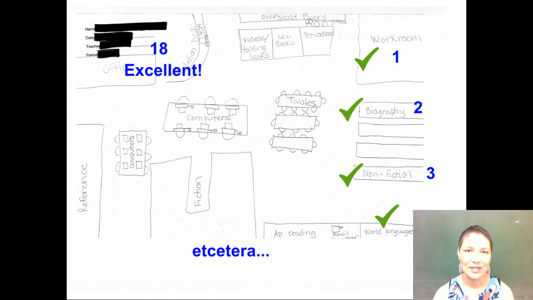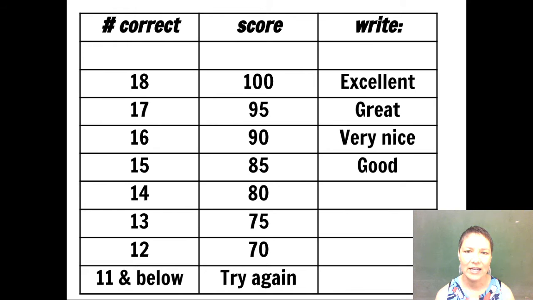And the word excellent. So here is the scoring grid. If your student got 18 check marks, 18 items correct, they got a score of 100. So you're going to write 18 excellent. If they got 17 correct, they got a 95. Great. If they got 16 correct, you can write 90.